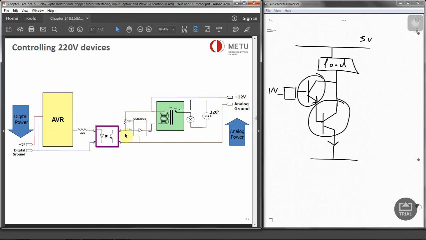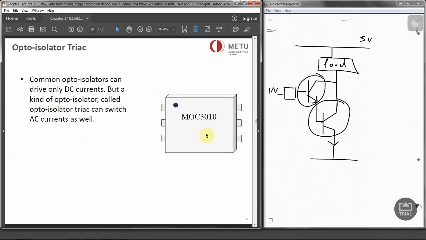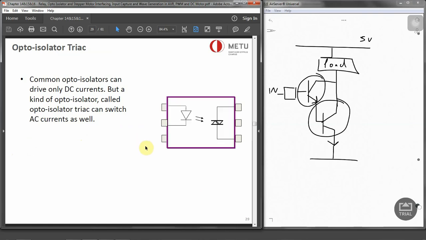And we also have the Darlington drivers to drive larger currents for the relays, and the relay will turn on the valve. So the digital side is low power and low current, and the analog side has the higher currents and higher power. And also we have the opto isolator triac. A normal opto isolator is for only DC currents, but the triac version can also work with AC currents. And that's the electrical circuitry inside of a chip.